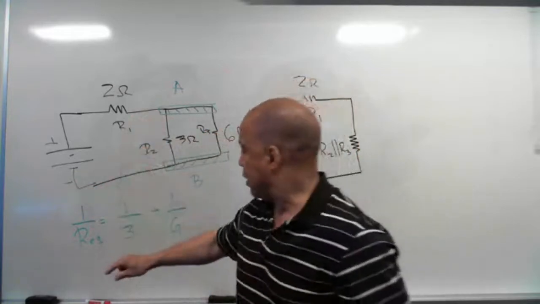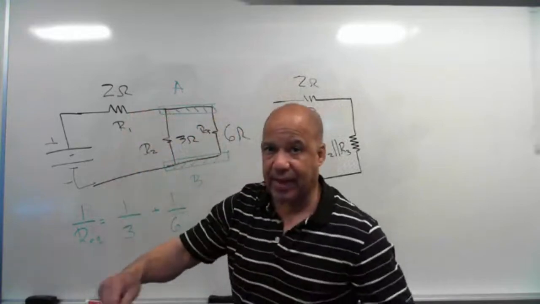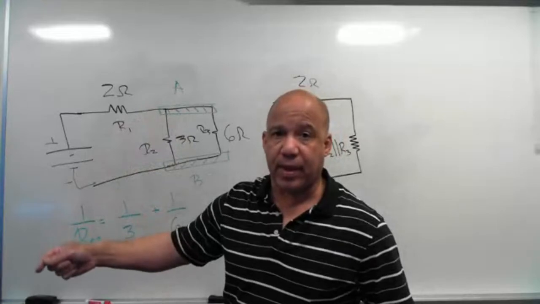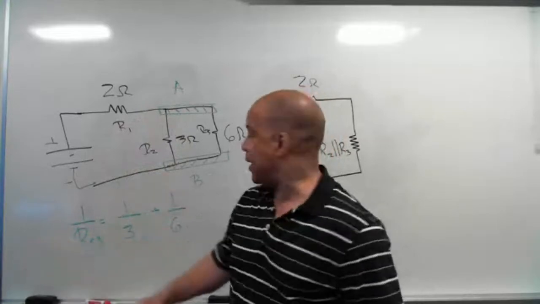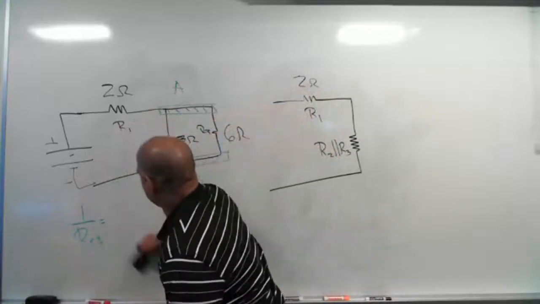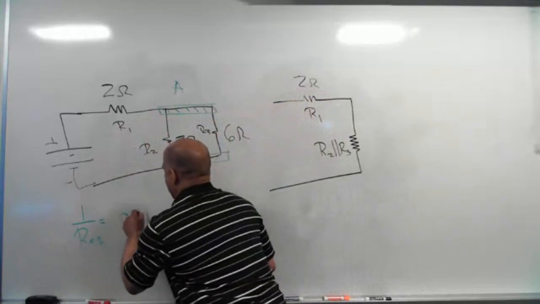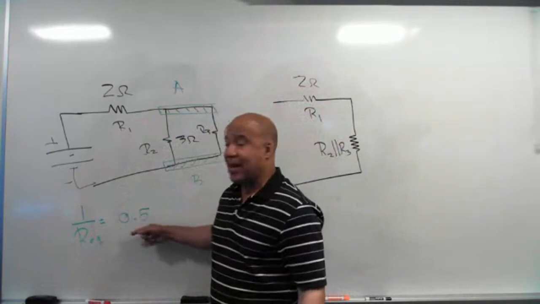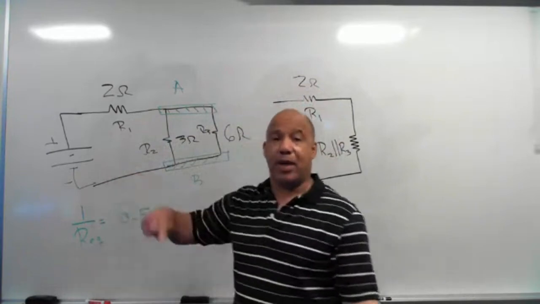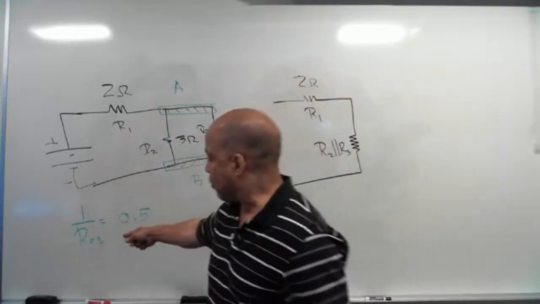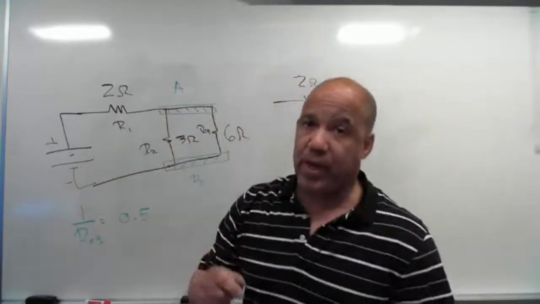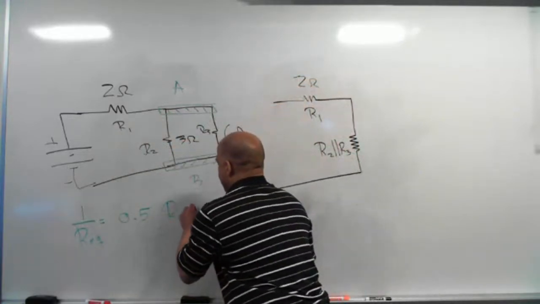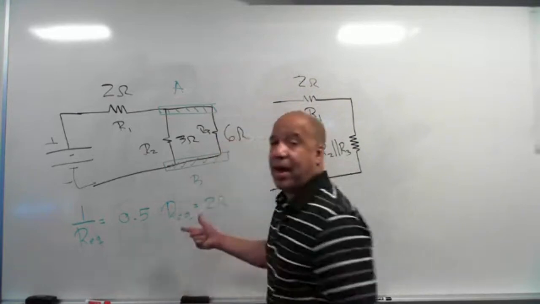You do your 3, hit the reciprocal key, plus 6, hit the reciprocal key, and then you hit equals, and what you should get as an answer is 0.5. That's not your answer though, that's 1 over R, that's actually the conductance. And the way you get your calculator to give you the answer real quick for REQ, you hit your reciprocal key one more time, and you should come up with REQ of 2 ohms. You could do it that way.